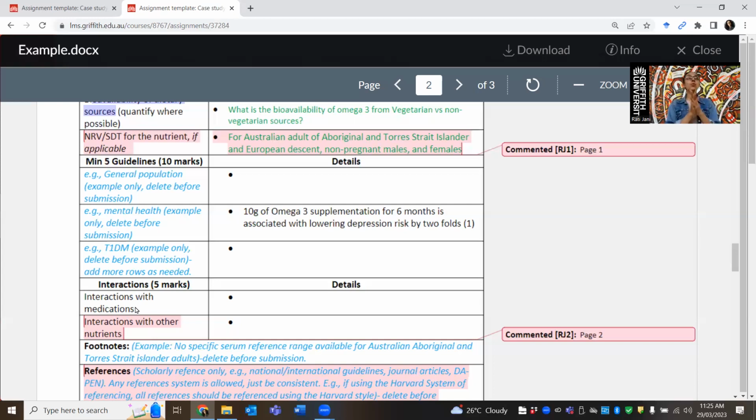So what am I saying? Do not be scared of using websites from credible sources like the PEN website, databases for medications, or websites for the UK guidelines. That's completely fine. Does that make sense?